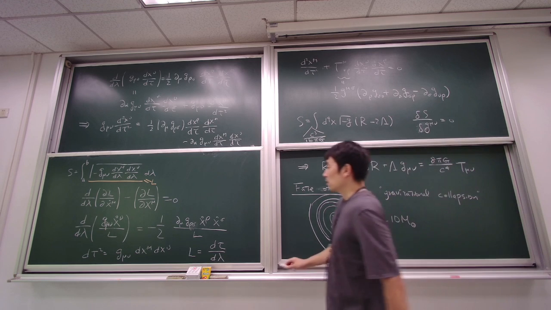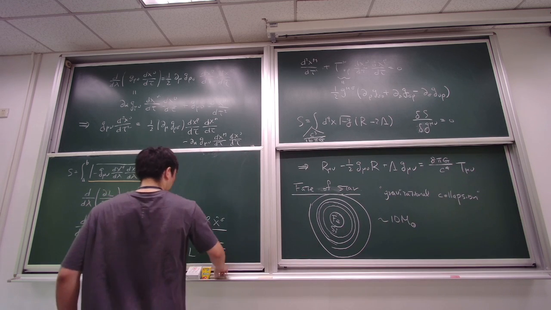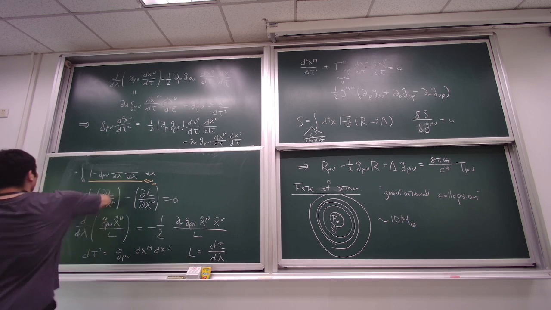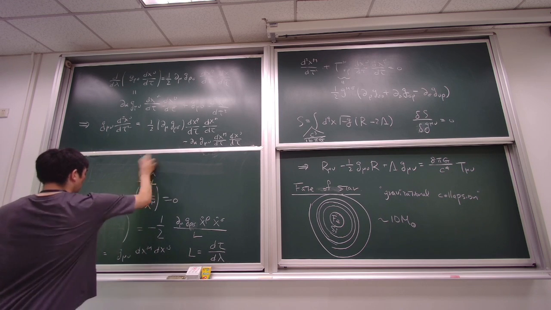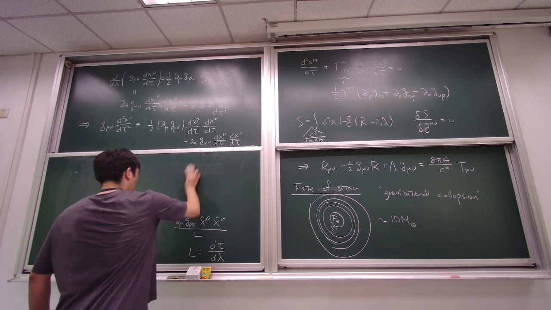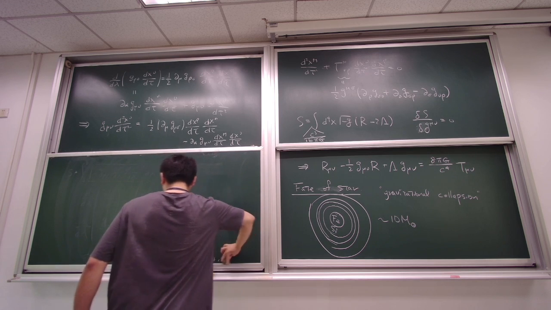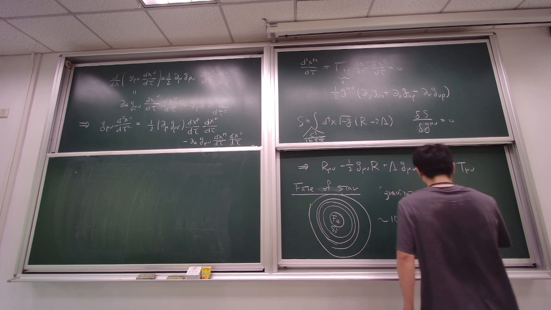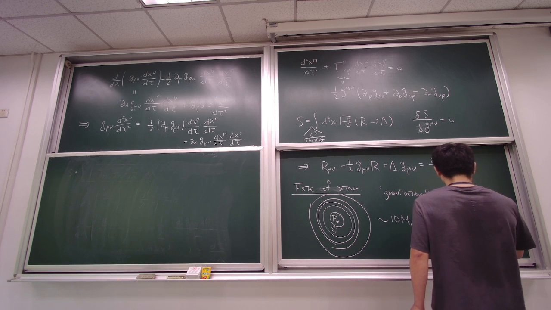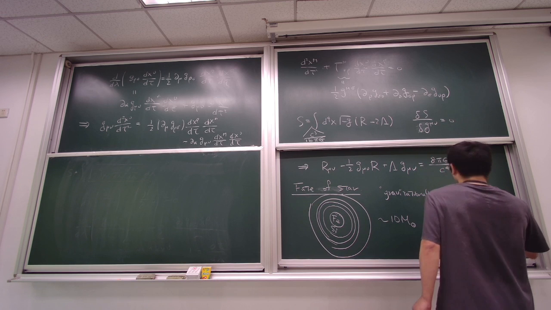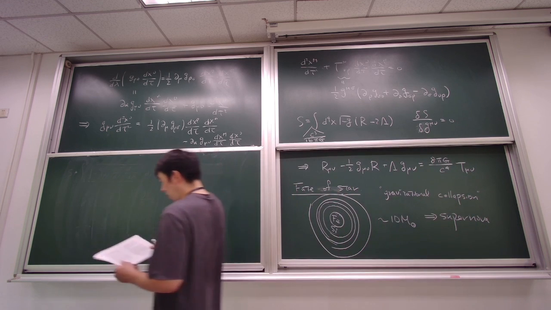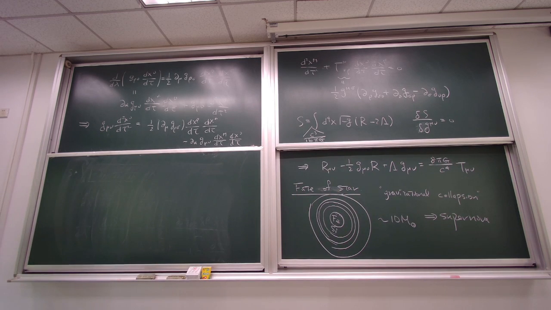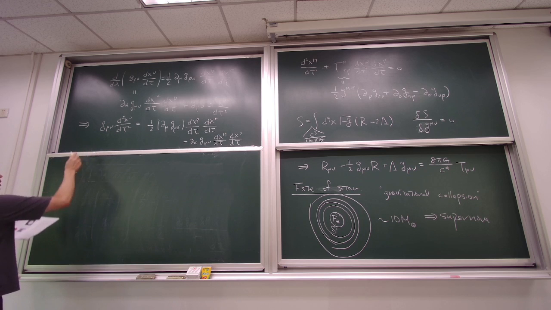And after that, the star will become the following thing. Eventually it becomes a supernova. Then after that, the core of the star will remain. And if the mass of the star is not big enough, it becomes a so-called white dwarf.